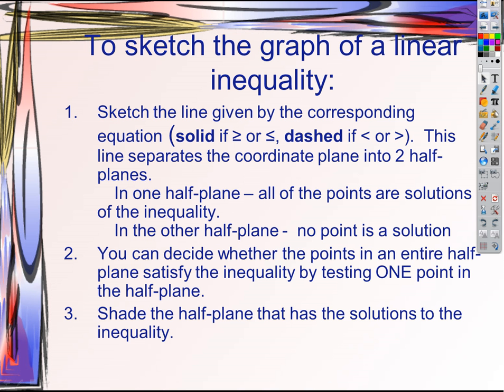If the inequality includes an equal sign, doesn't that mean that the equation is also part of the solution? Right, so the line is going to be part of the solution set, the region that gets graphed. Agreed? If I'm not including an equal sign, the line is not. The line is just the boundary between the shaded region and the region that's not shaded. So we make it dashed to indicate that it's not part of the graphed solution.